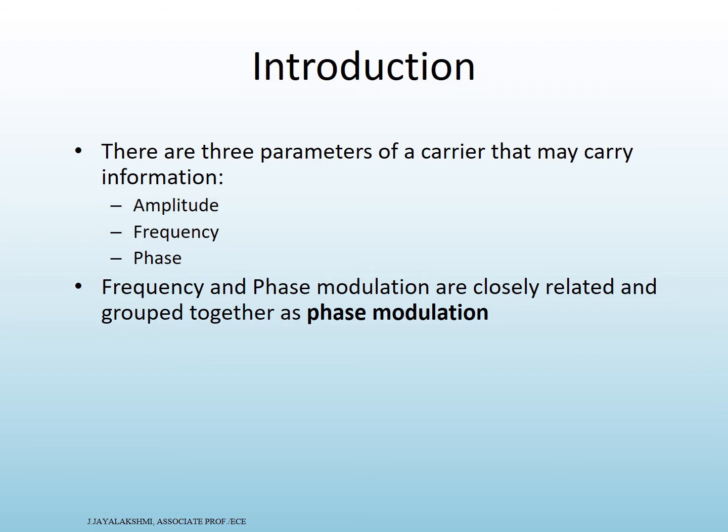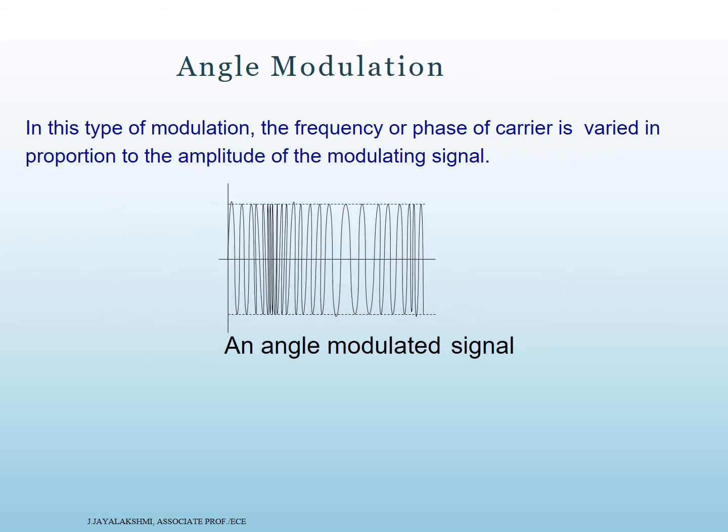So, what is angle modulation? In this type of modulation, the frequency or the phase of the carrier is varied in proportion to the amplitude of the modulating signal, that is, the baseband signal. Either you vary the frequency or the phase of your carrier signal, which is chosen to be a very high frequency signal, according to the amplitude of the modulating signal, then the resultant modulated signal is angle modulated.